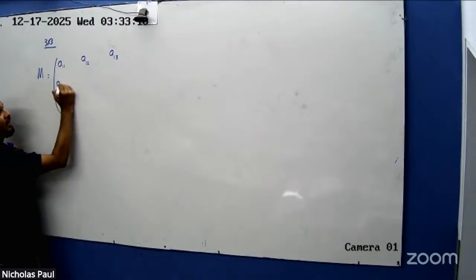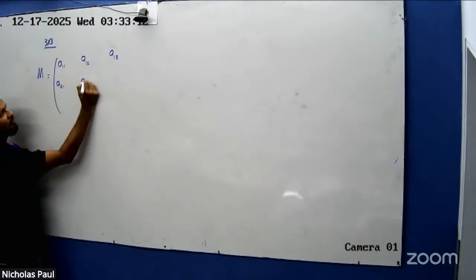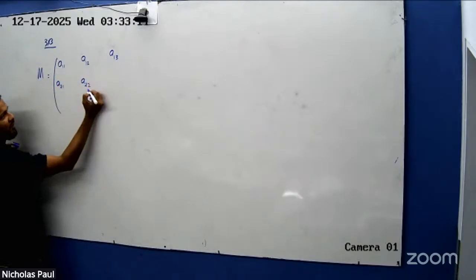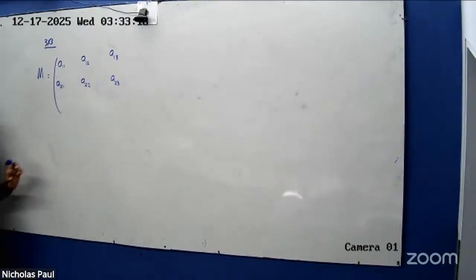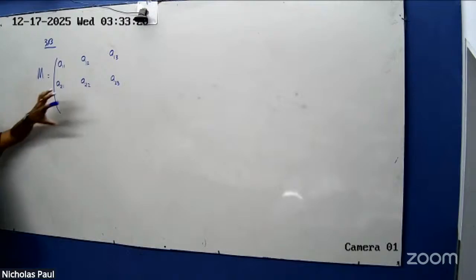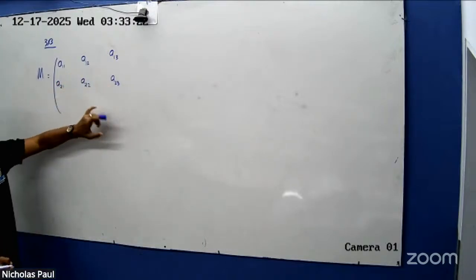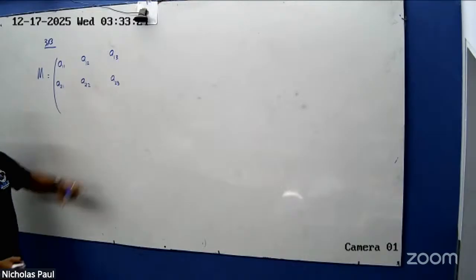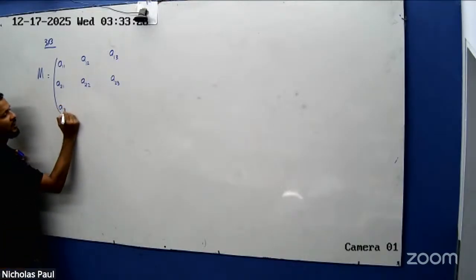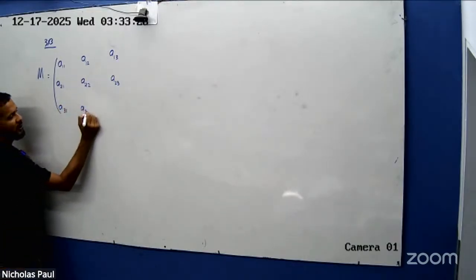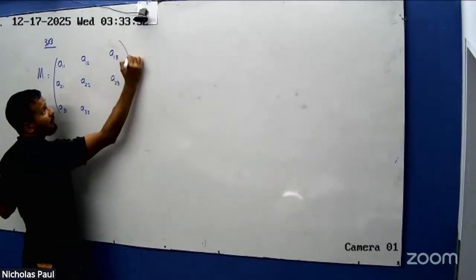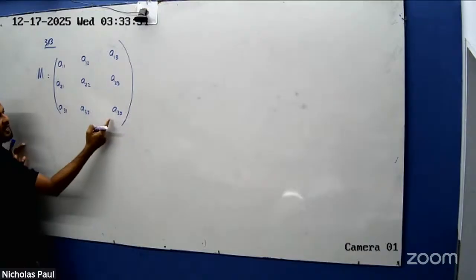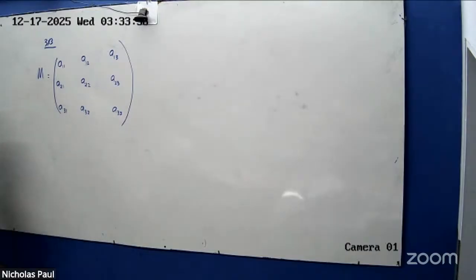Here, we have second row, first column, second row, second column, second row, third column. So if you want to give a matrix entry a particular location, you could use these two values. And here, third row, first column, third row, second column, third row, third column. It also gives you an idea how to multiply together.